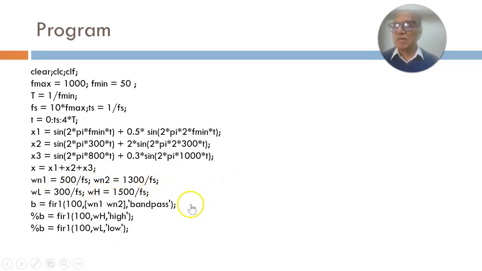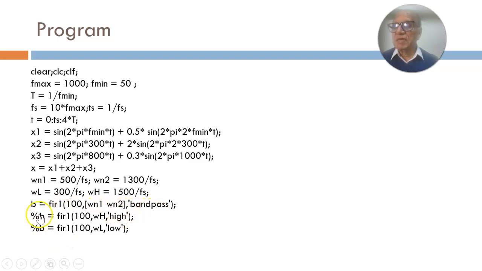So what I have done, you can of course write a better program using case statements, etc. But in order to demonstrate, I have simply written three statements for the B coefficients, and two of them I have just put in comments. So depending on which is not put in comments, that particular coefficient will be calculated.